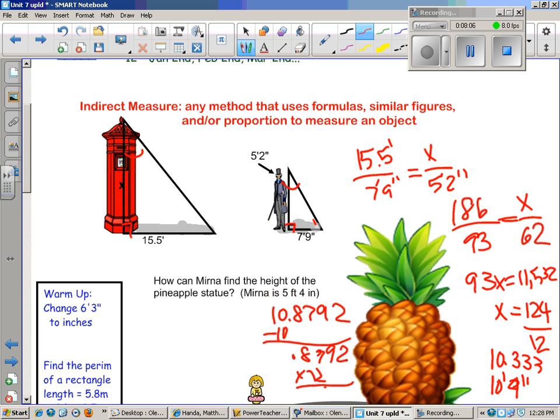So you're just trying to find out how many inches that represents. So you multiply that decimal by 12 because that'll tell you. So you're basically saying what is 0.8792 of 12. So yeah, you still have a decimal, but it's almost 11 inches.